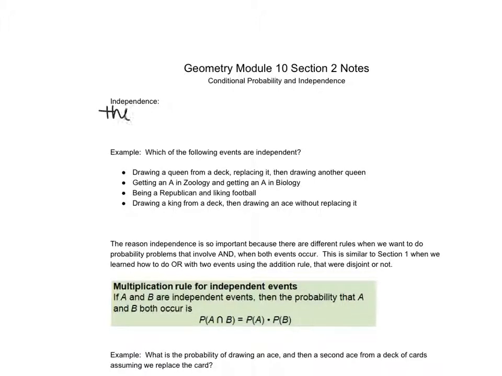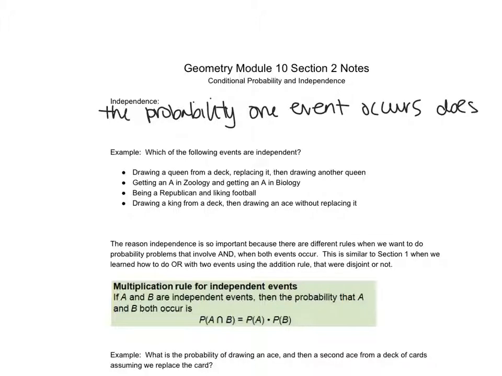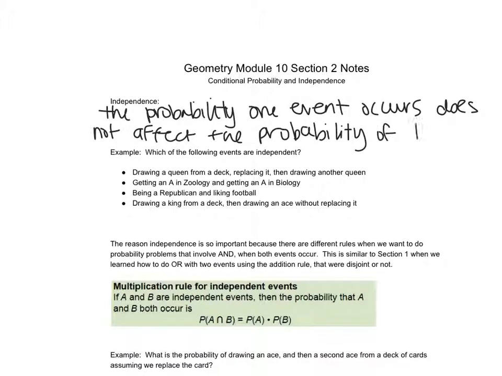Independence is when the probability one event occurs does not affect the probability of the other event occurring.